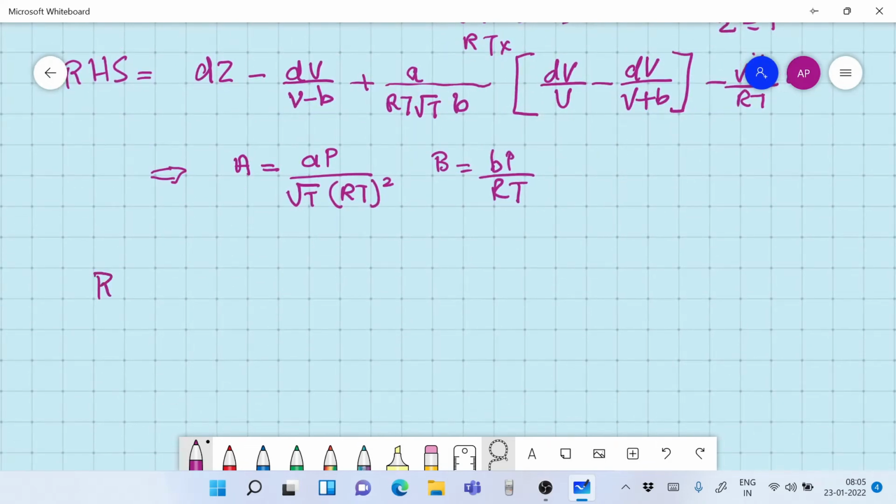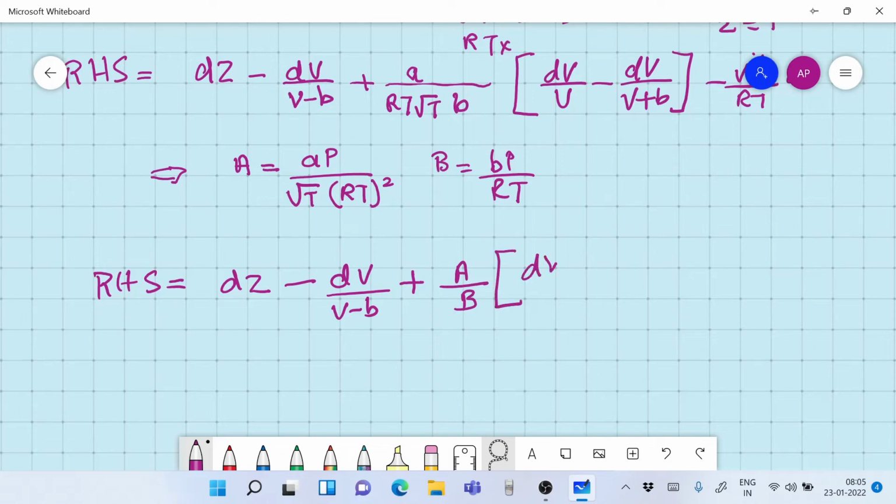So the RHS now is equal to dZ minus dV upon (V minus B) plus A over B, and we get this as dV by V minus dV upon (V plus B), and finally V ideal gas can be written as RT over P, and we have an RT here too, and the RT and RT get cancelled out, and we have dP here.